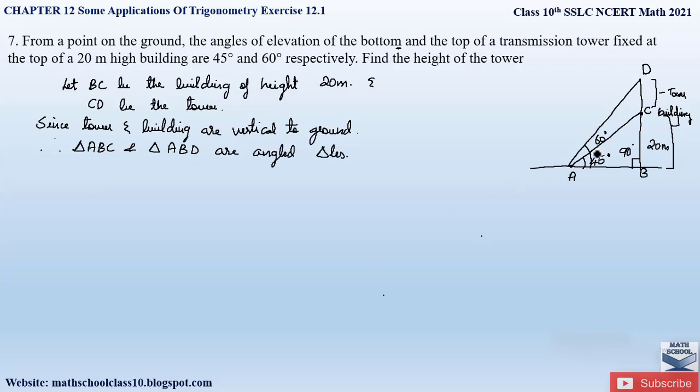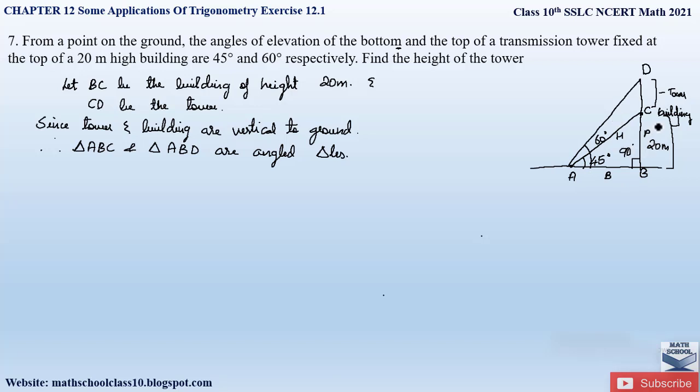Let us consider the first triangle ABC, where the acute angle is 45 degree. The side opposite this acute angle is the perpendicular, the side along it is the base, and AC is the hypotenuse. Here the perpendicular side and the acute angle are given, so we can find the base, which is common to both triangles.